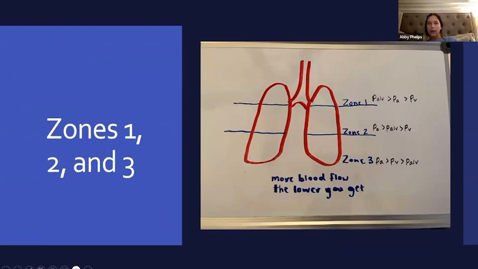And then right here, in zone 2, the arterial pressure is greater than the alveolar pressure and the venous pressure. And then in zone 3, the arterial pressure is greater than the venous pressure and the alveolar pressure. So yeah.